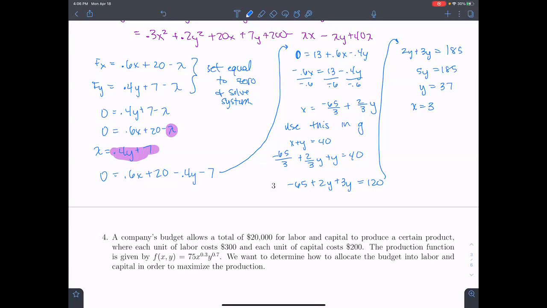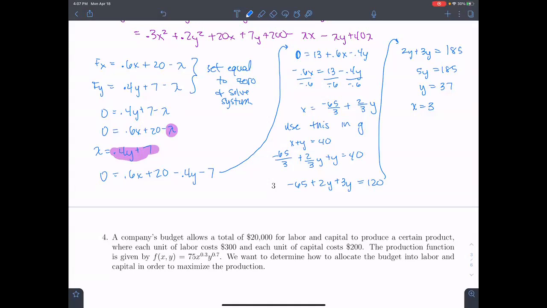Where's my real calculator? So we have negative 65 thirds plus 2/3 times 37. Yep, that's good. All right.